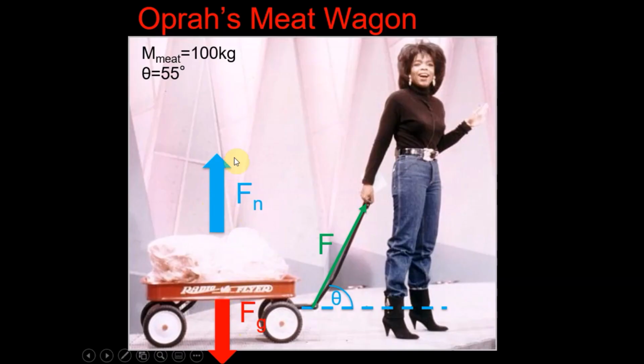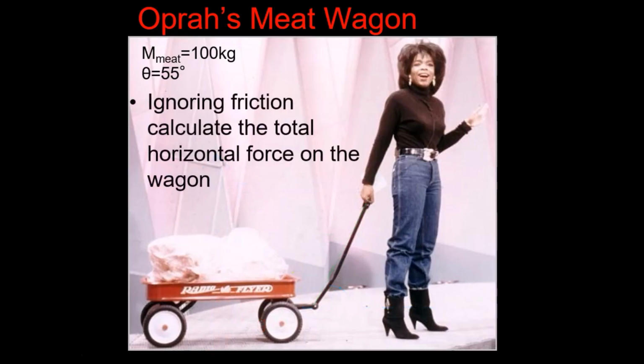But in terms of our forces in the y direction, we don't just have the normal force, we also have the fact that Oprah is pulling upwards on this handle. So there will be a component of her force in the y direction. But if we ignore friction, so let's not worry about frictional forces or retarding forces acting on this cart, what's the total force acting on this wagon in the horizontal direction, in the x direction?